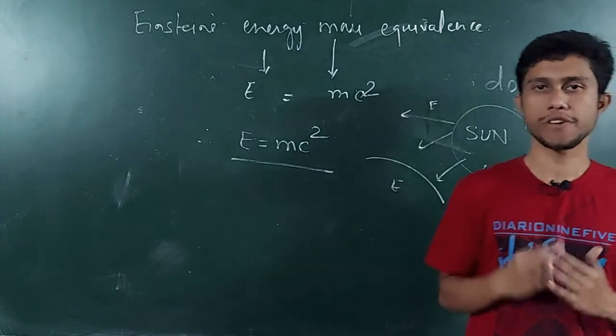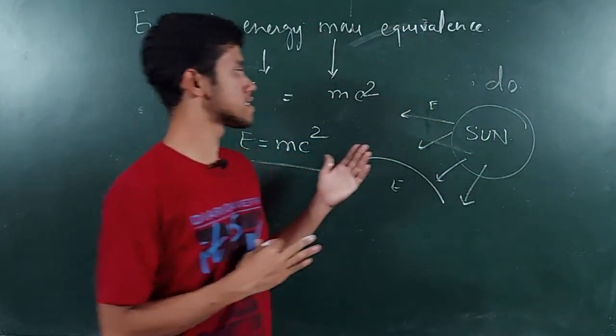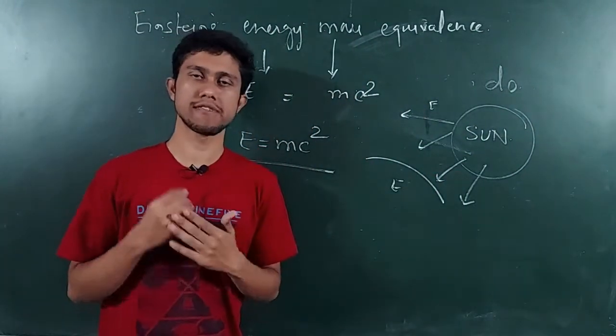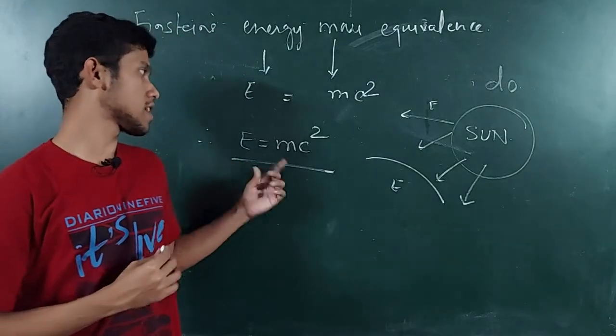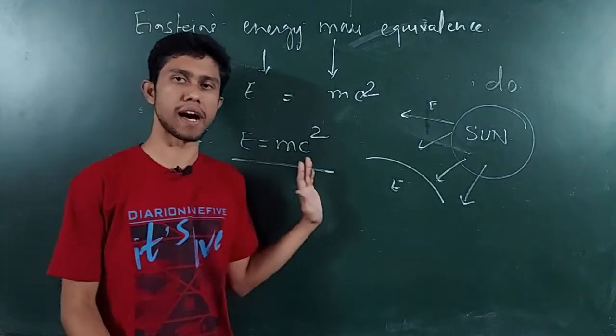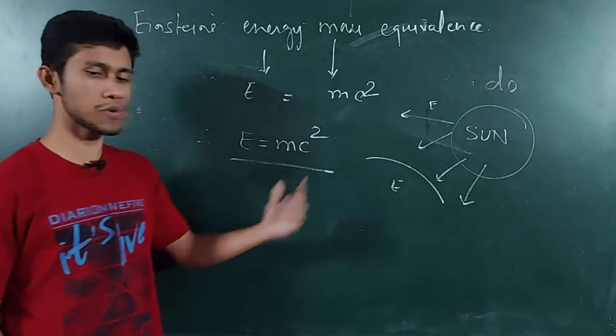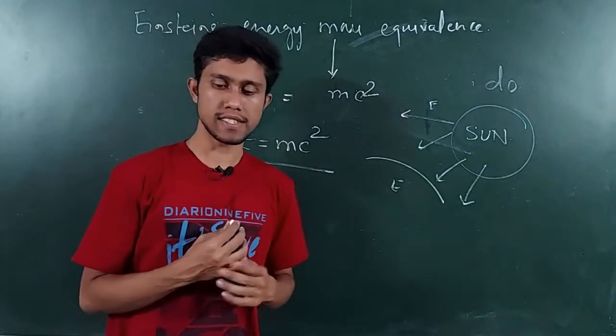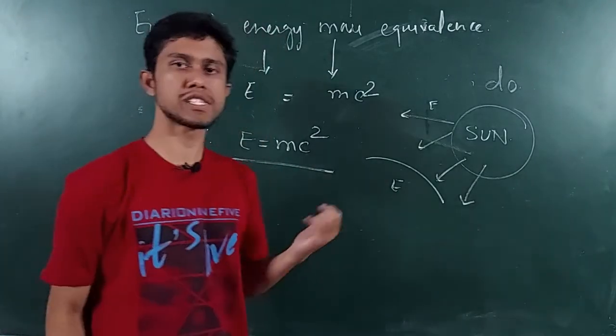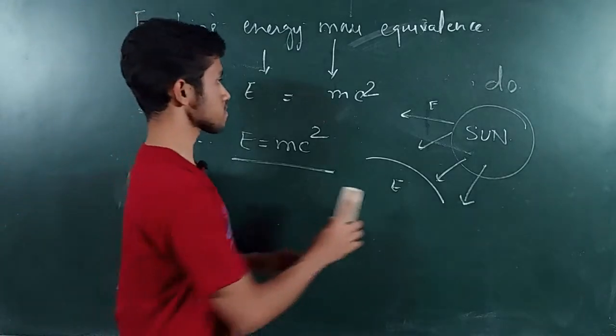So this is the reason I am telling you why is this E is equals to mc square such a very great expression, because it equates energy with mass. And the conversion factor is c square. Now just let's extrapolate this expression to some new details.